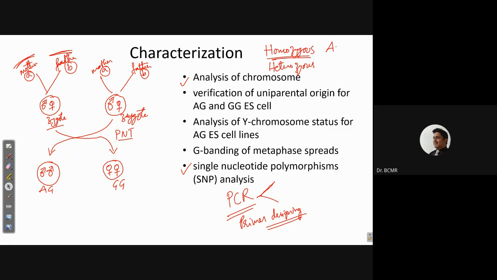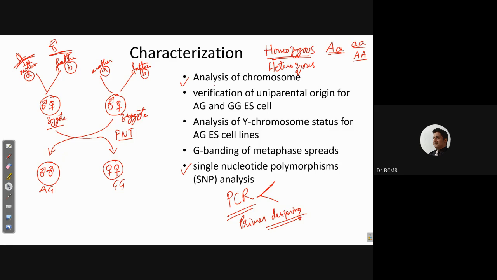If somebody has gene capital A dominant and small a recessive, that is heterozygous. If they had small a or capital A on both, they are homozygous, the same copies on both. So if we identify a trait or marker that we can work with, it would be ideal to choose a mother and father that are homozygous for those traits.